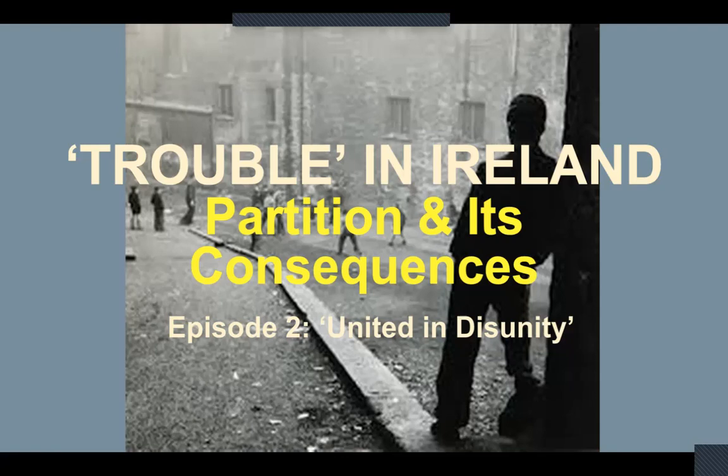Okay, so this is a map of the partition in Ireland. The two states which had grown up from the partition were very much in their infancy in the 1930s, and this map was made in 1930, in fact.